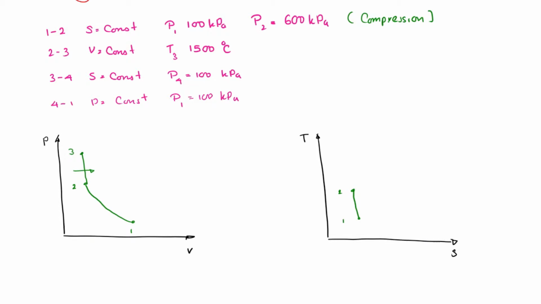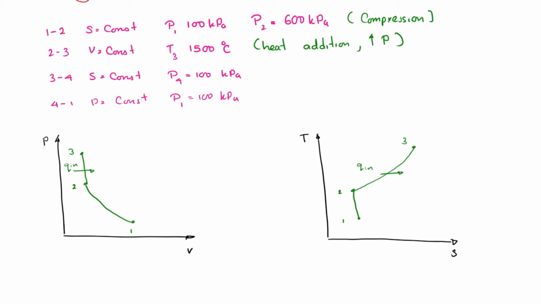So in our PV diagram, it is going to be a vertical line, and on TS diagram, since it's a constant volume process, we can draw it as a slightly diagonal curved line, and we can mark it as Q in process. Since it's a heat addition process, we can expect it to increase the system pressure. That is why we drew process 2 to 3 as an upward process on PV diagram.